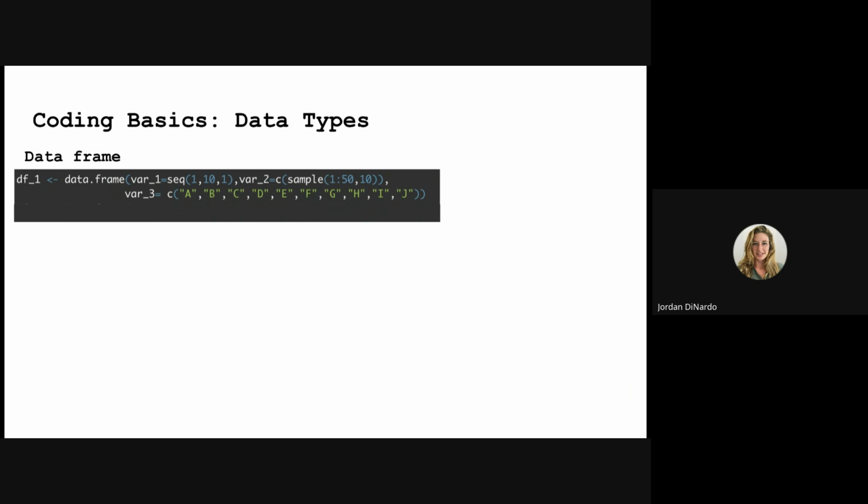So var1 will be, again, 1 through 10. var2 is the 10 sampled numbers from 1 through 50. And then finally, var3 is A through J. Hopefully, what you're noticing is that each of these vectors, var1, var2, var3, are the same length. And that is the only way this function works. If one vector in here is one more element longer than the other, you'll get an error.